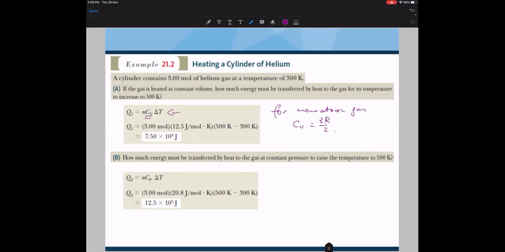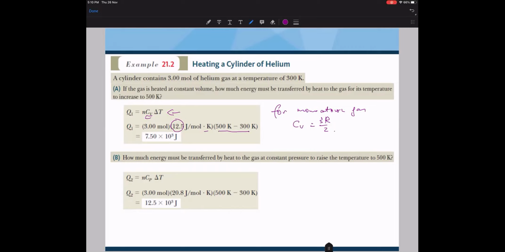R is the universal gas constant. If you look it up, it should be 8.314 if I remember. So it is 12.5 here. Unit is joule per mole per Kelvin. Delta T is the change of temperature, 500 K minus 300 K. And in this way, you calculate the heat required to heat the gas up to 500 K in a constant volume process.